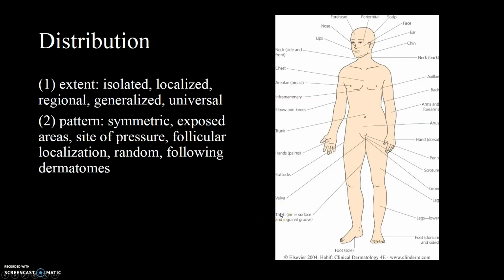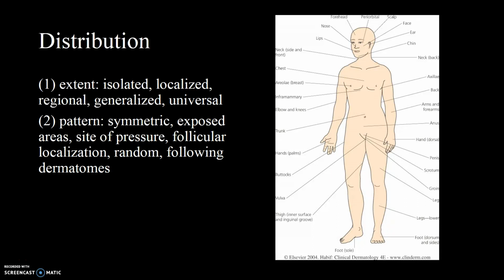And then finally, before we review and then do our case study, distribution. You want to think about the extent of the distribution and the pattern of the distribution. For the extent, is it isolated, localized, regional, generalized, or all over? For the pattern, is it symmetric, unilateral, exposed areas, site of pressure, follicular, localization, random, or following dermatomes?